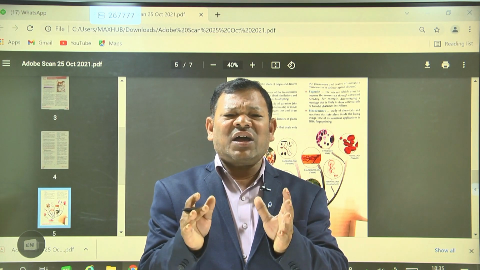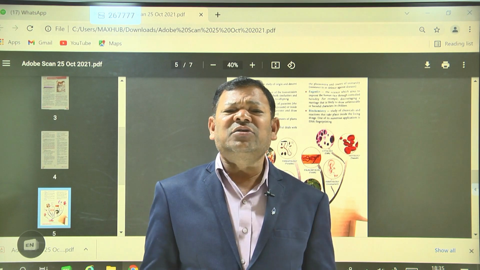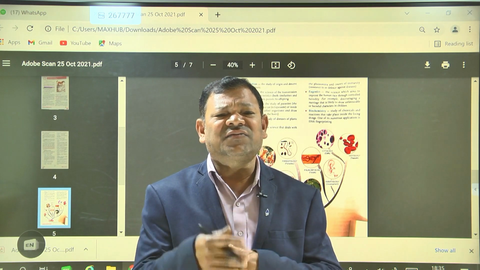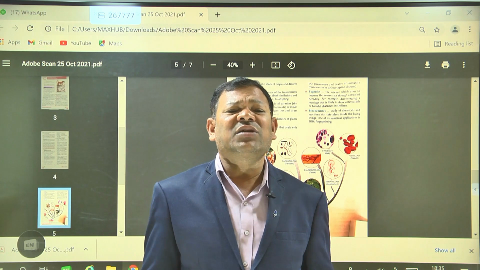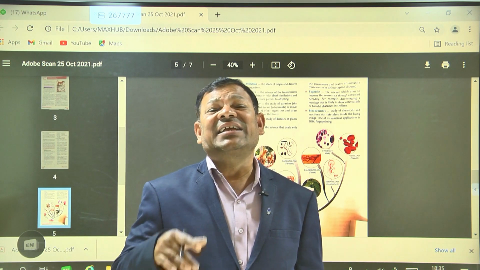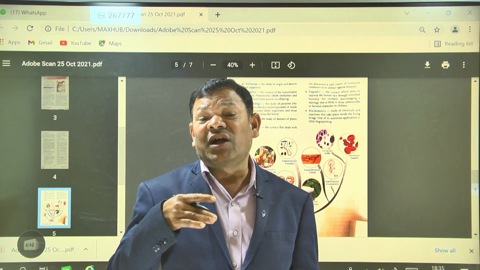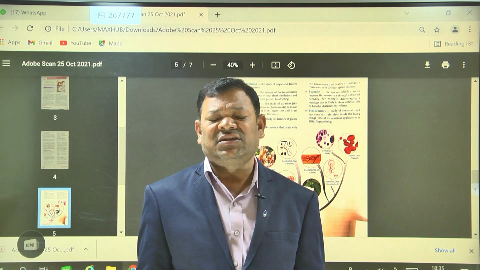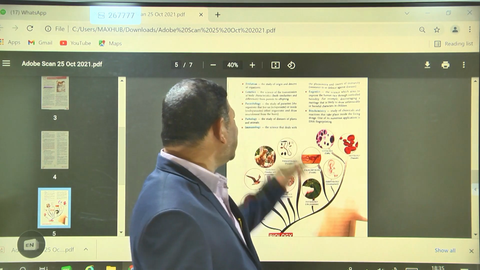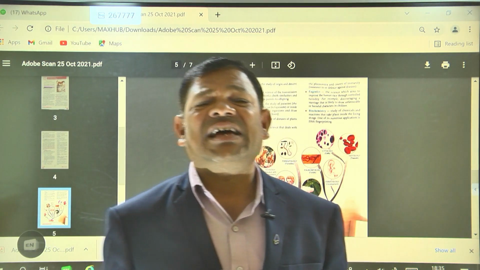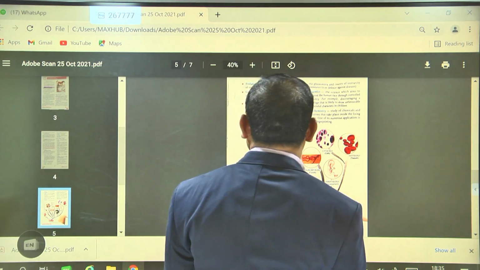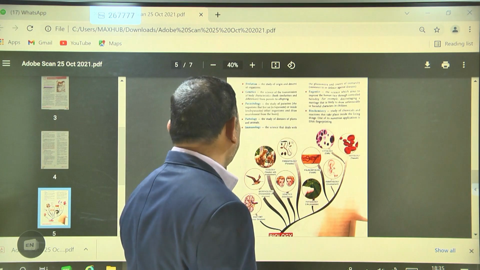So how characters are transferred from parent to progeny, we can study in genetics. Especially through the genes, characters are transferred from one generation to another generation, and variations also we can see. So genetics is a branch of science. It deals with the genes and variation. So the father of genetics is known as Gregor John Mendel.